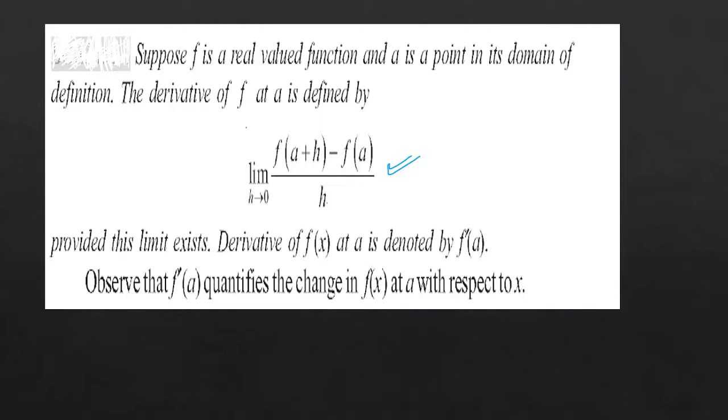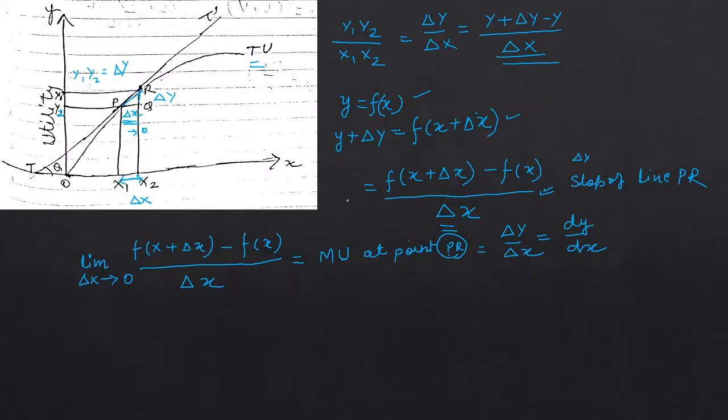In our analysis, we have taken delta x instead of h, because there we had a minute change in a, that is a plus h, and here we have taken x plus delta x, and this is x. So this is the differentiation of function y with respect to x.